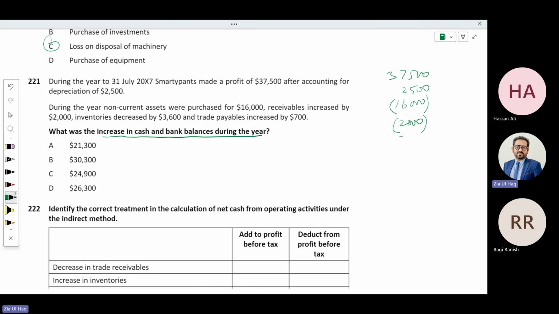Inventory decreased by 3,600, add. Trade payable increased by 700, add, because they have a direct relation. Can you calculate the figure for me, please? 26,300. You're applying your whole knowledge through this short 2 marks question.